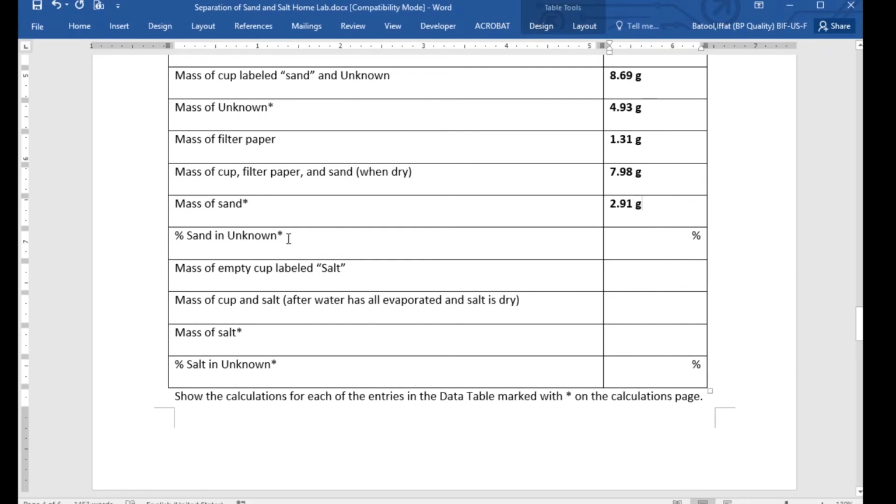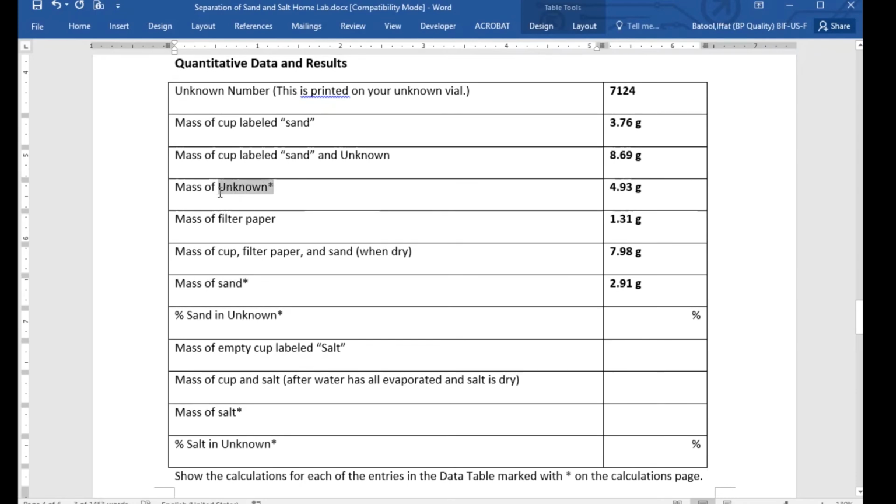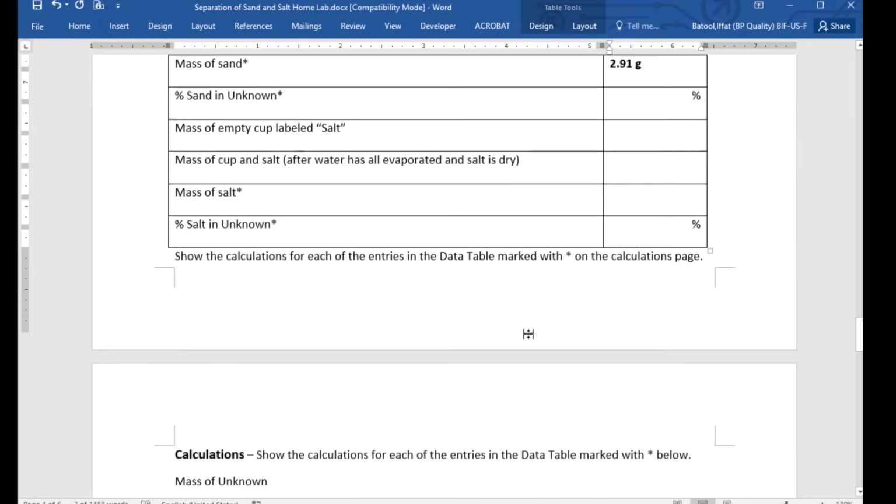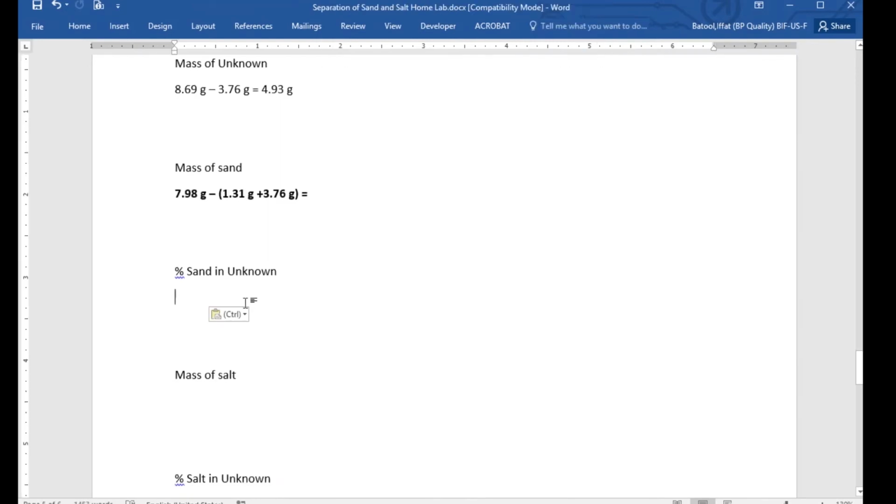Next thing you have to do is find the percent sand in unknown. So sand you have here and unknown is this one. You have to divide this number by this number in order to find percent sand. So for that, we will be doing this calculation here. Here we have 2.91 gram. Make sure you write the units.